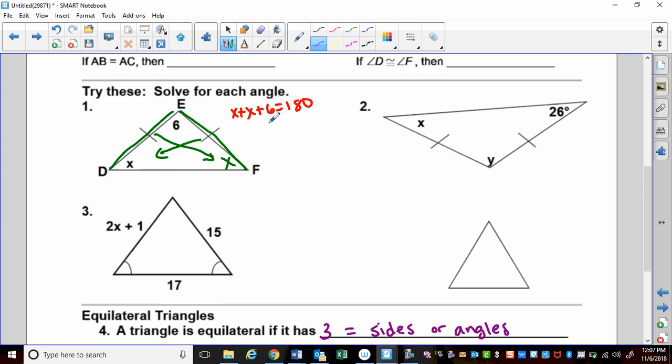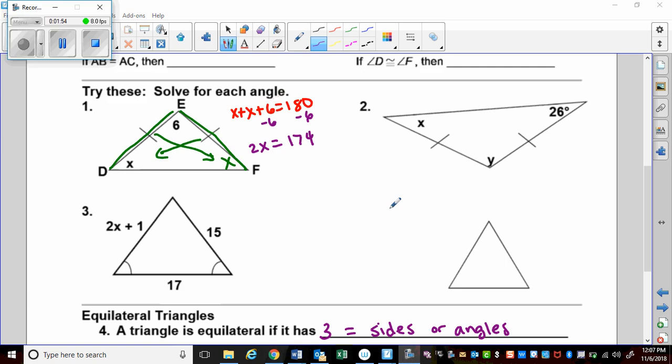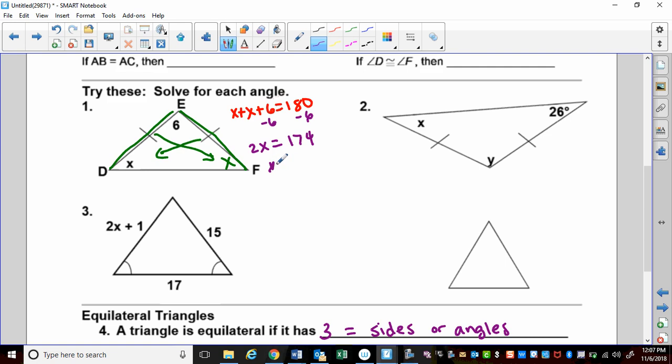I'm going to subtract 6. And we're going to combine my like terms. We have 2x equals 174, and then we're going to divide by 2. Wish I had you guys here. So when I divide by 2, this x equals 87. Okay, so this is 87 and this is 87.